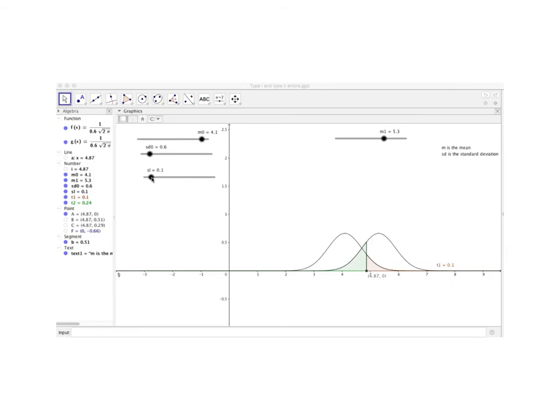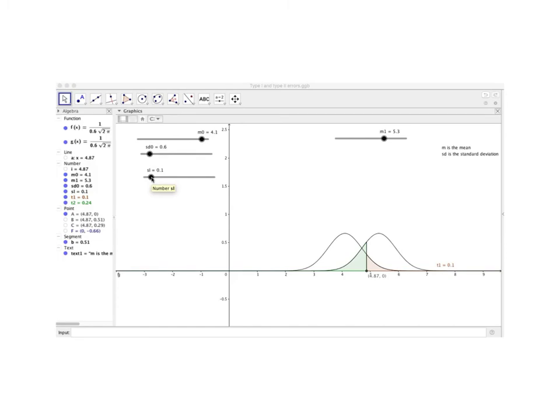The red area is the type 1 error: under H0, what's the probability of rejecting H0? The green area is the probability of a type 2 error: the probability of accepting H0, given that H0 is false, so this is the true distribution.